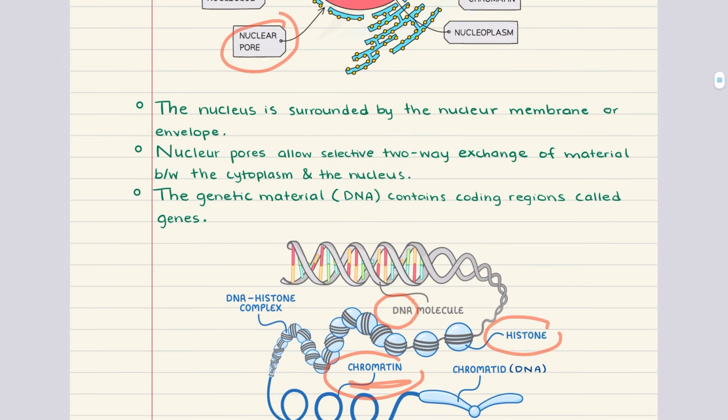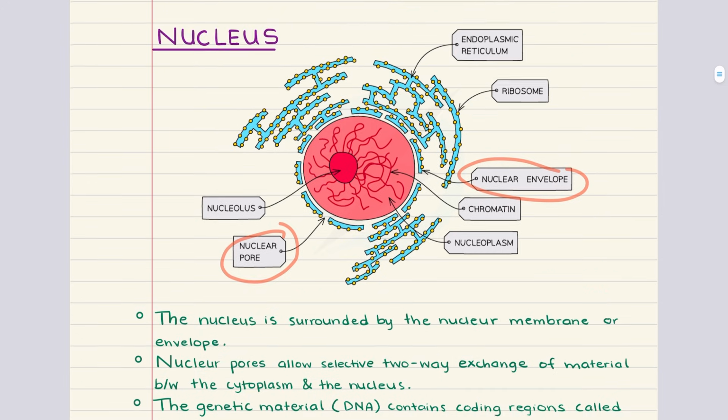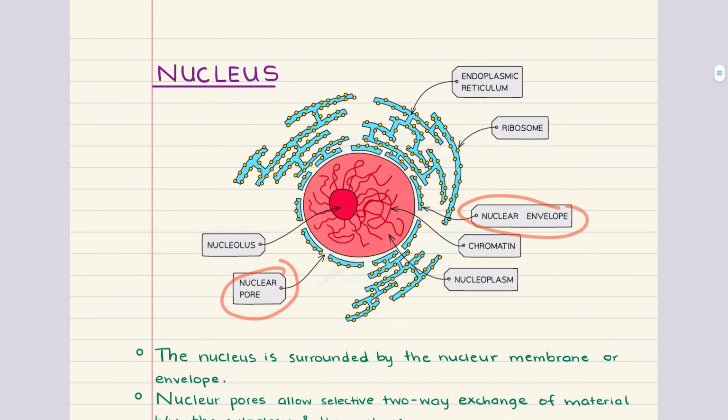Within the nucleus, there is also a dense membraneless region called the nucleolus. This is not involved in storing DNA, but rather in producing ribosomal RNA, or rRNA. This type of RNA is a key structural and functional component of the ribosome.